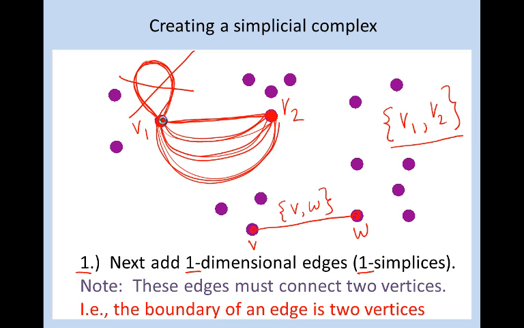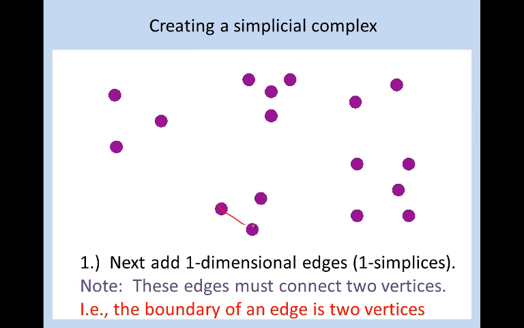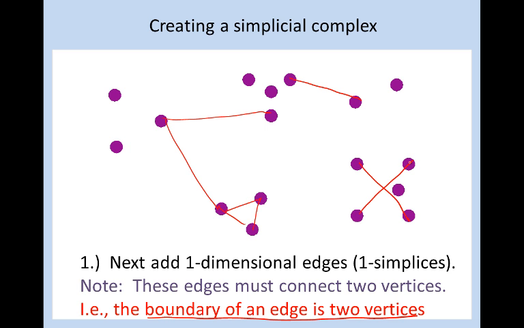So we can add a bunch of edges. There's really no restriction in terms of adding our edges, except that the boundary of the edge, those two vertices, must already exist in my simplicial complex. So I can add edges that cross. That's no problem.